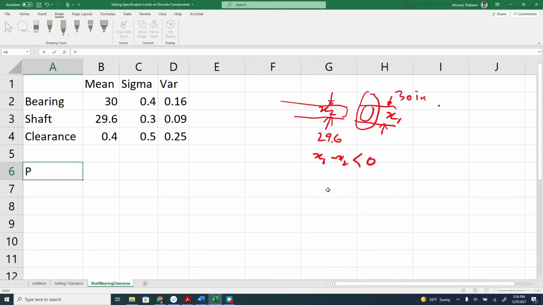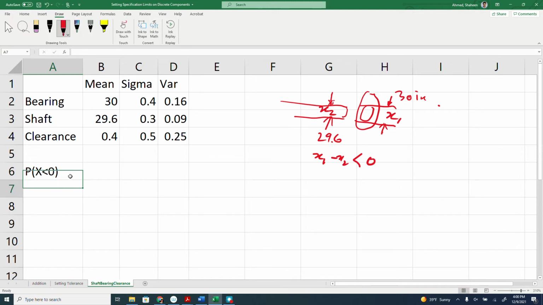So we are finding the probability of x less than 0. If it's less than 0, then we have an issue, and it will not fit.